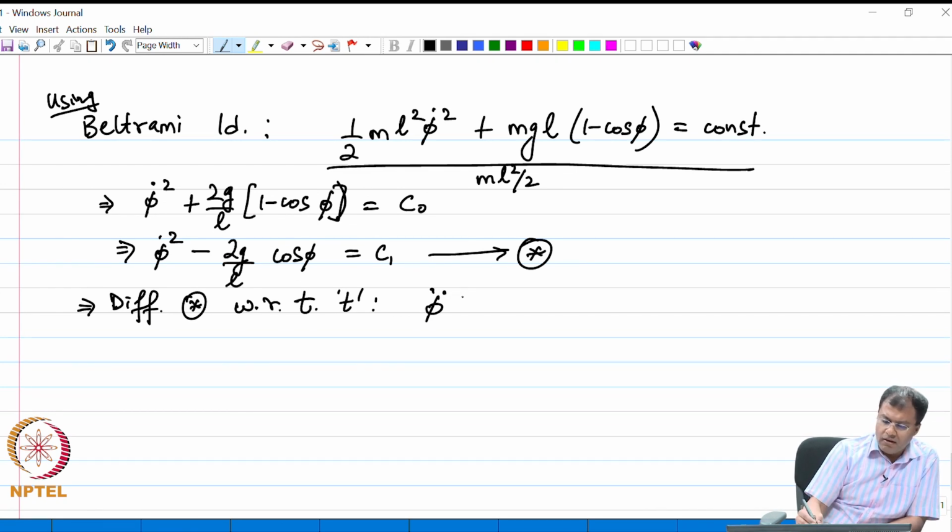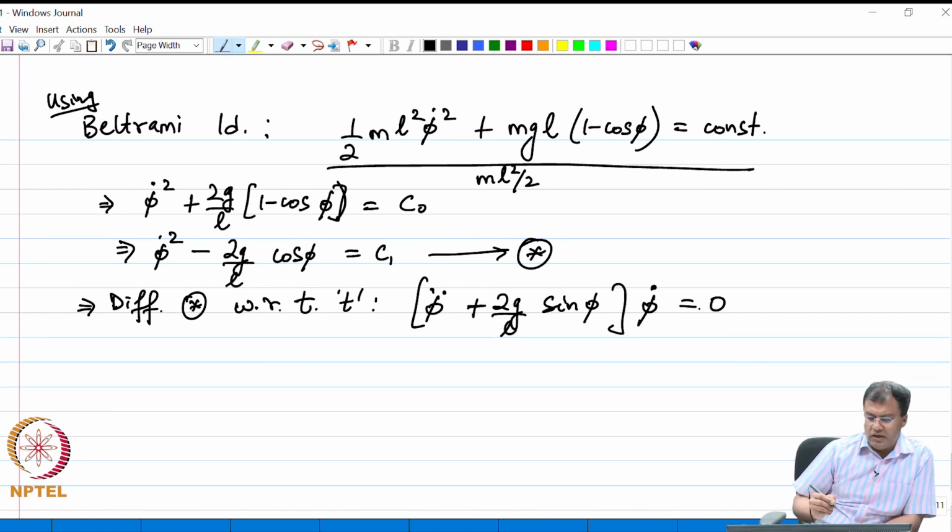We have minus 2g by L sin phi times, so a cos phi with a minus will give me plus sin phi, and times phi dot is equal to 0, right.